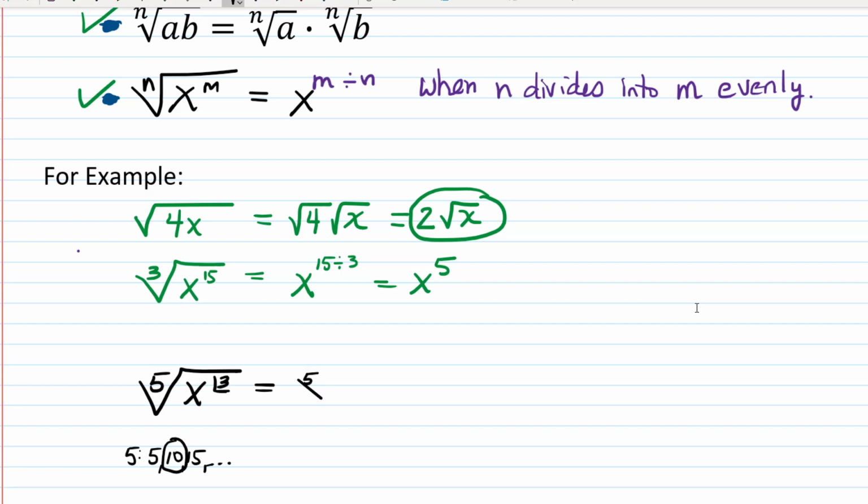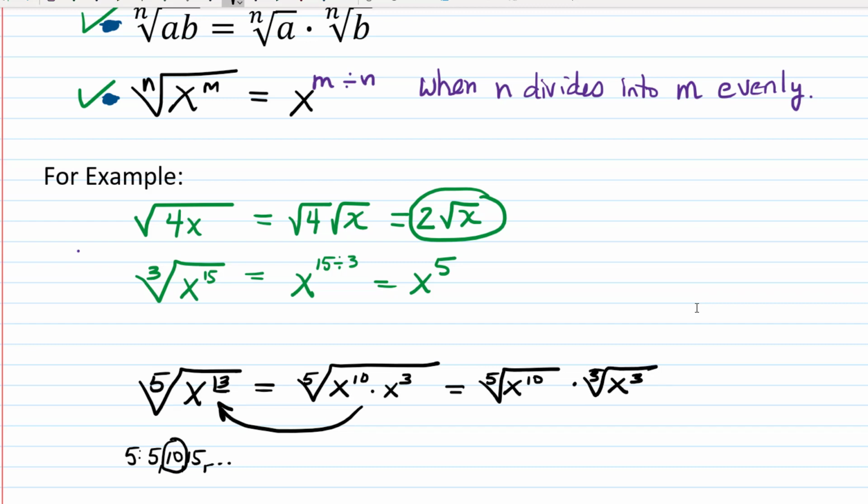So I'm going to break apart this x to the 13th power into x to the 10th power times x to the 3rd. Remember, when you multiply like bases, you add the exponents. So this is equivalent to x to the 13th power. Now, using that first fact that we can break apart any radical that has a product inside, we're going to take the 5th root of x to the 10th, and multiply it times the 5th root of x cubed.